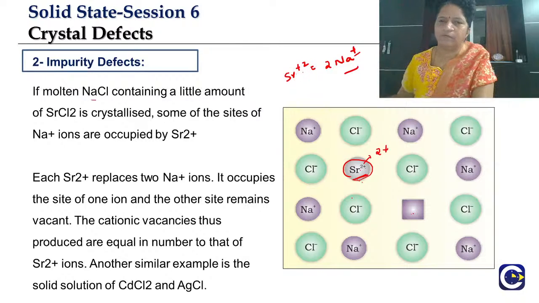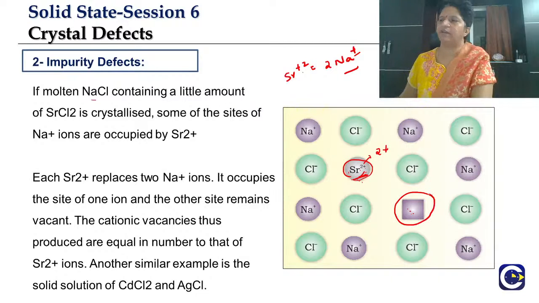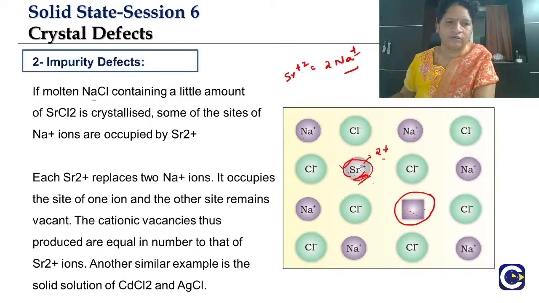So what will happen? One strontium ion is enough instead of 2 sodium ions. So one of the sites will become vacant. One strontium ion, because it has a di-positive charge, replaces 2 sodium ions.